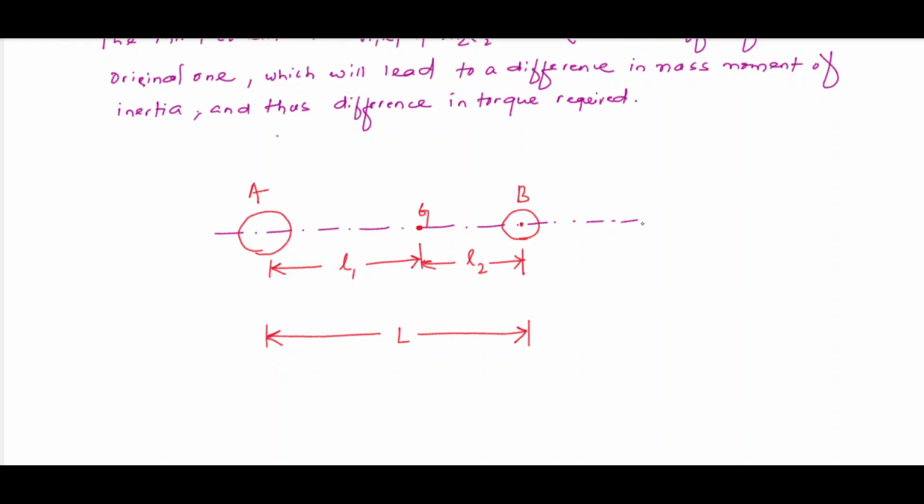We'll choose a third point somewhere here, let's say point D, and its distance from the center of mass is L3.